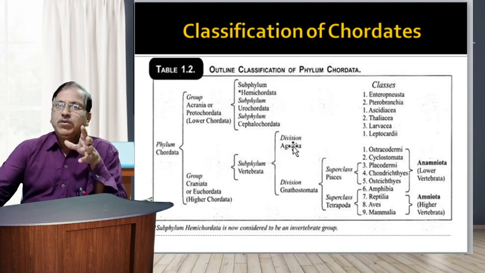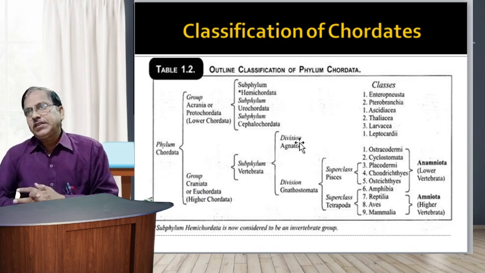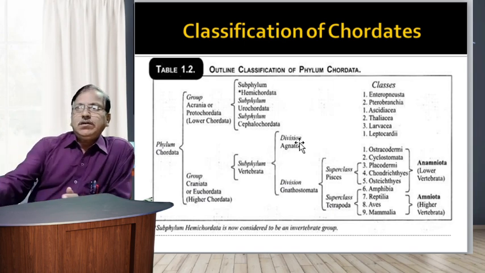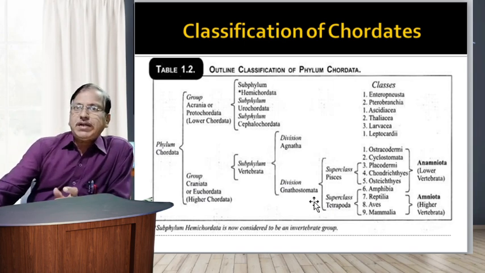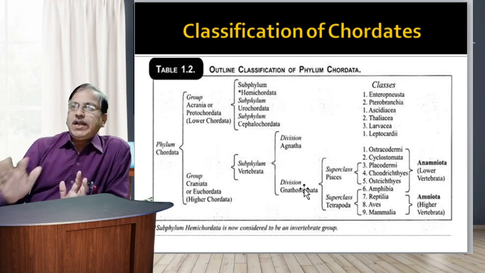Gnathostomata means jaws are present: in the animals of this second group, clearly upper and lower jaws are present.